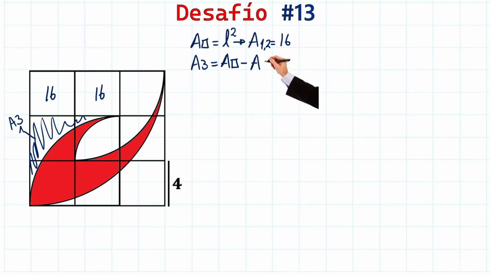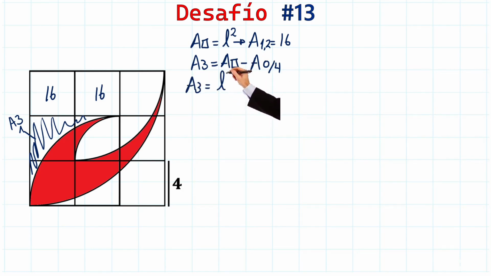Very well. So area 3 is equal to, since it's the area of a square, the side squared minus the area of the quarter circle, which is pi times radius squared over 4. Pi times radius squared is the area of a circle, and a quarter will be over 4. What is the side of this square here?